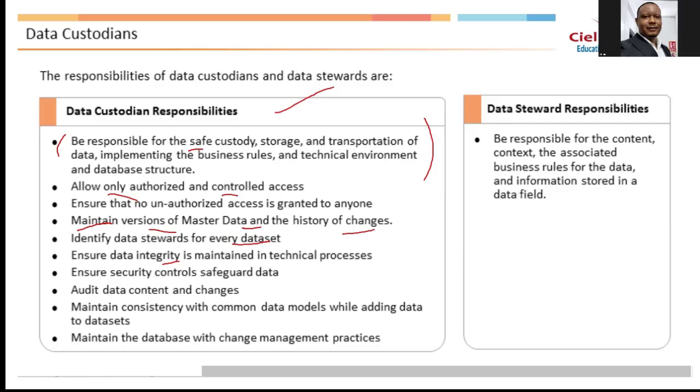If you're doing a backup, for example, and data gets corrupted, deleted, or altered during the backup process, that's why we mentioned that you need to ensure you maintain data integrity. The custodian also ensures security controls safeguard data. So you make sure that things like encryption and firewalls are in place in order to safeguard your data from breaches as well as corruption.